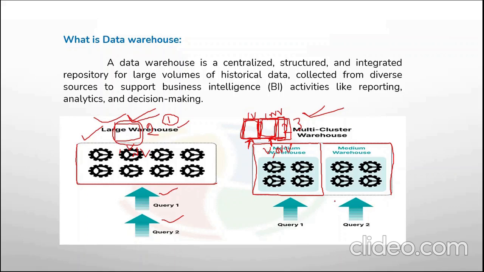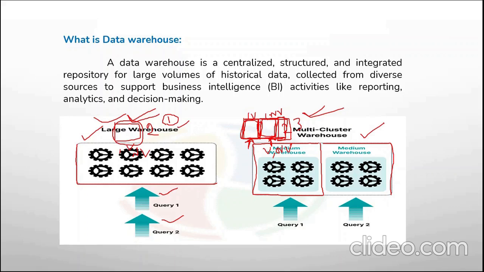So compared to normal data warehouses, the multi-cluster warehouse is useful for fast retrieval of data from the data warehouse. Got the point? This is the difference between normal warehouses and multi-cluster warehouses. Multi-cluster warehouses have many advantages compared to normal warehouses.